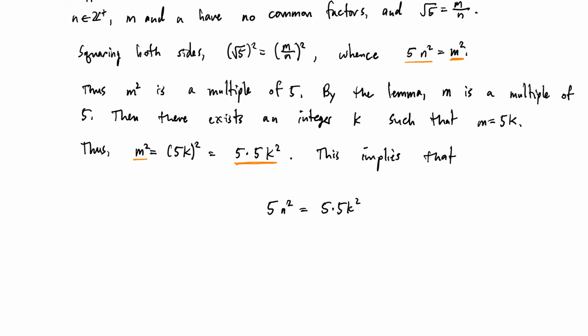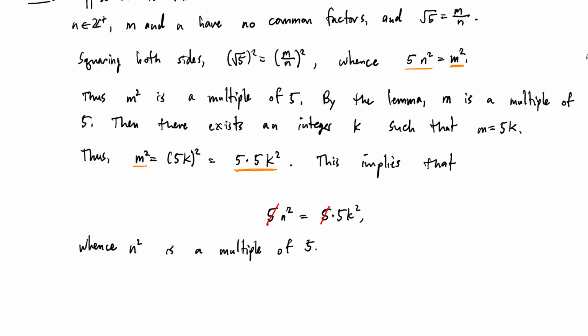Well, why is this important? Again, we know how integers work, so we can divide by 5 on both sides, and then we see that n squared, by this argument, must be a multiple of 5. So now we can say whence n squared is a multiple of 5.